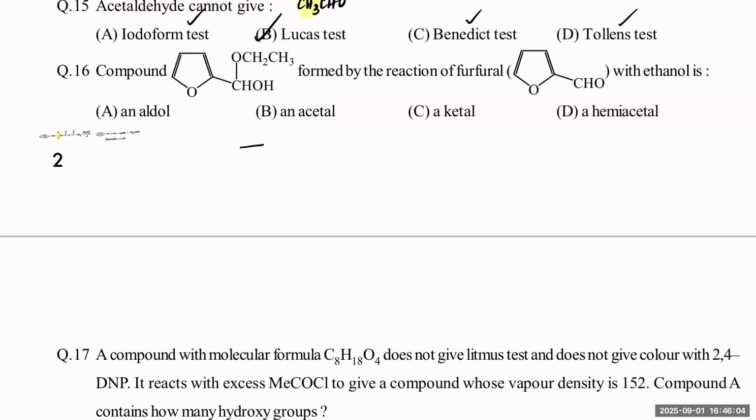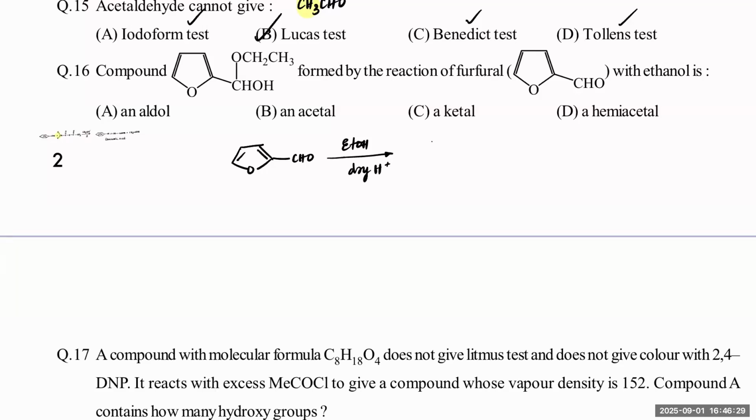Here we have an aldehyde. This is a hemiacetal. Can you notice this is a hemiacetal? Hemiacetal on reaction with ethanol, what do I get? Sorry, I meant to say first you had an acetal here. When you're reacting with ethanol in the presence of dry H plus, this is what has been asked.